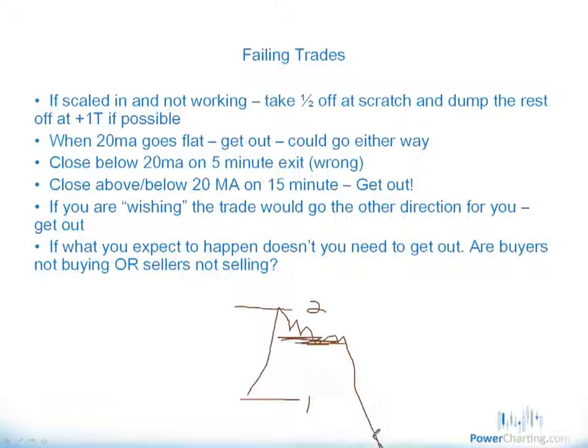It's not really shooting right back down and giving me multiple contracts, and this thing's starting to tank. It's sitting up here by where I got that second scale in and struggling.